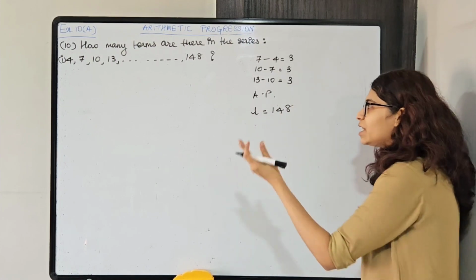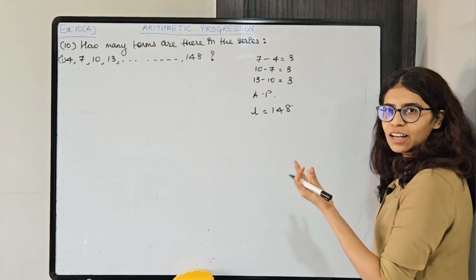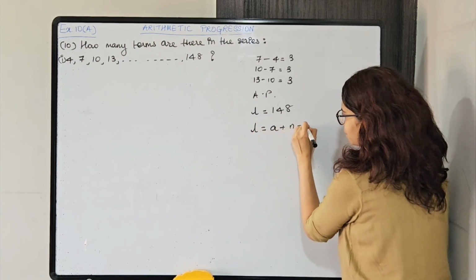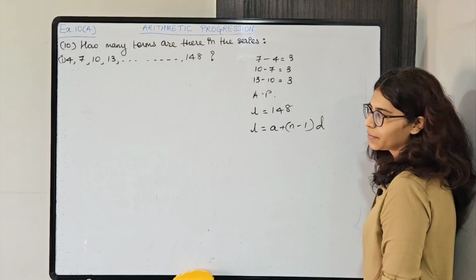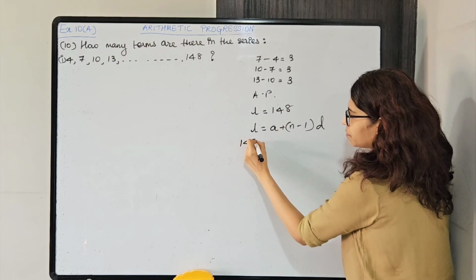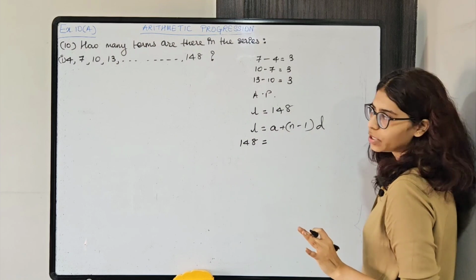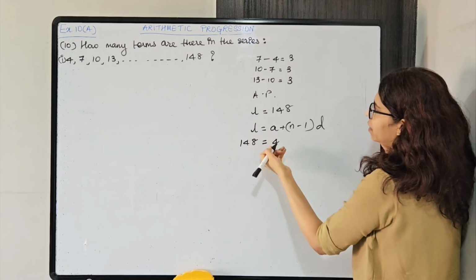Now we'll be using tn का formula only, l और tn का formula same है. l मुझे पता है, a and d मुझे दोनों AP से मिल जाएगा. a is 4 and d is 3.